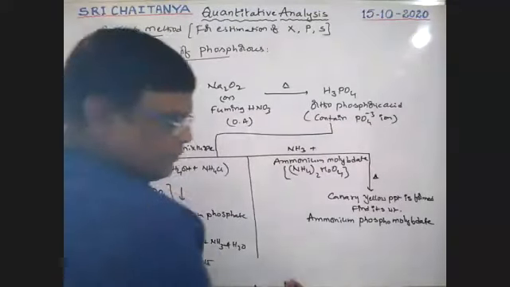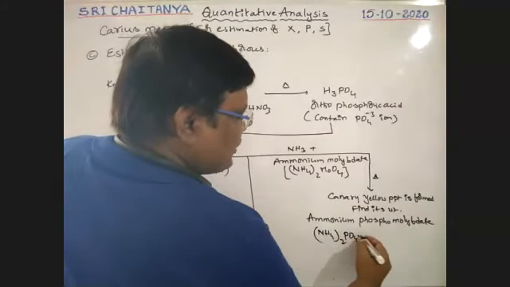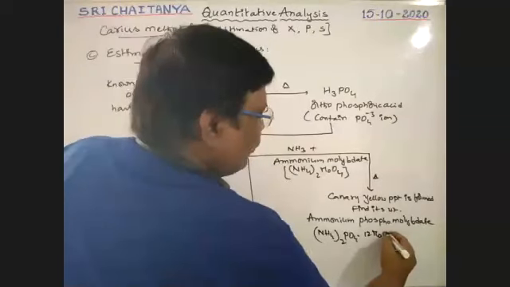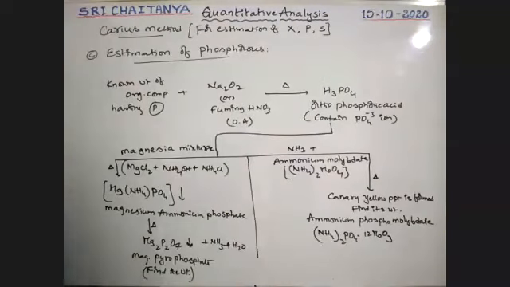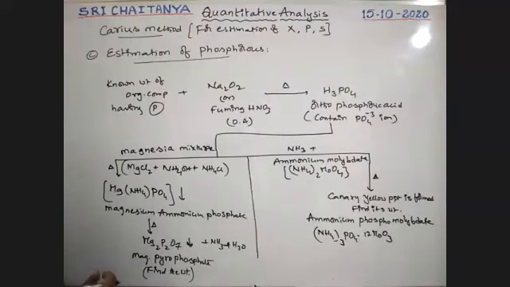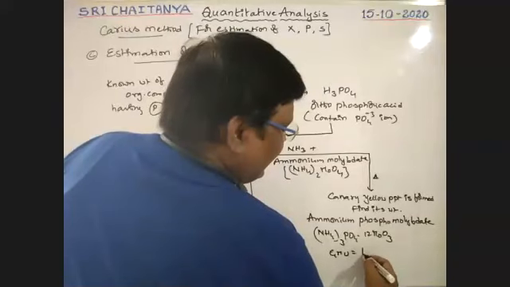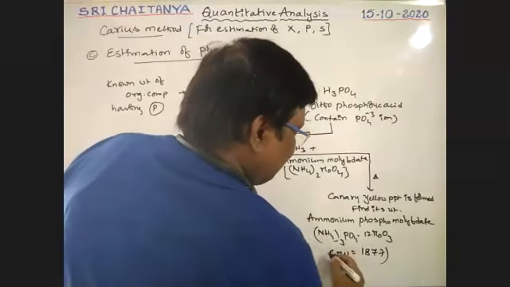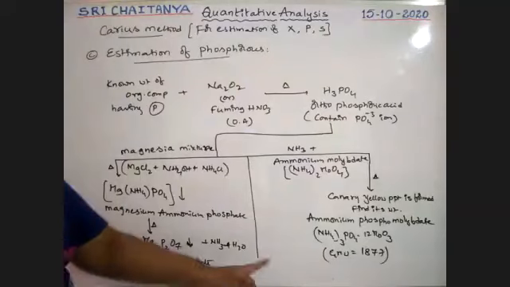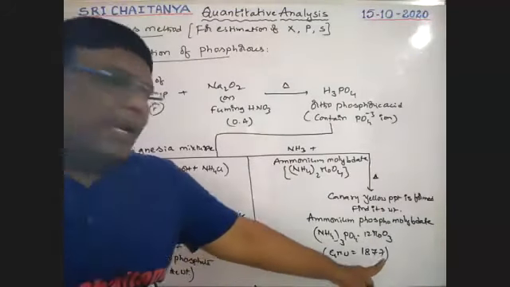Its formula is ammonium phosphate 12MoO3, that is (NH4)3PO4·12MoO3. So its gram molecular weight, boys, altogether it is 1877 gram molecular weight of that compound.